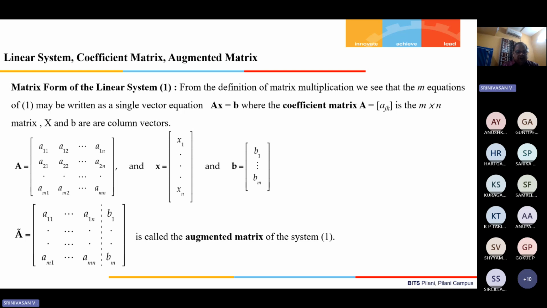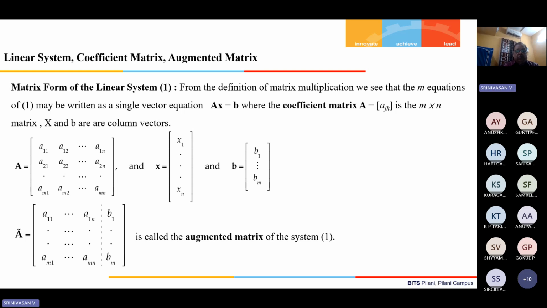You are taking into consideration A, and bold or capital B, whatever it is. This you put within square brackets. If you are using capital X equal to capital B, then the augmented matrix is the matrix of coefficients A, comma, the constant matrix capital B. So you put it within brackets.